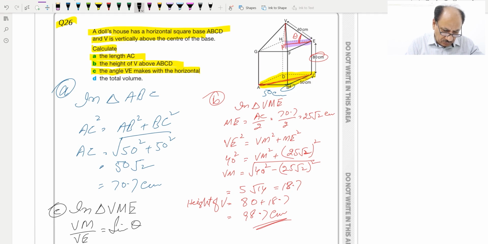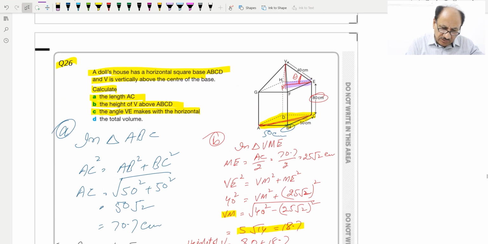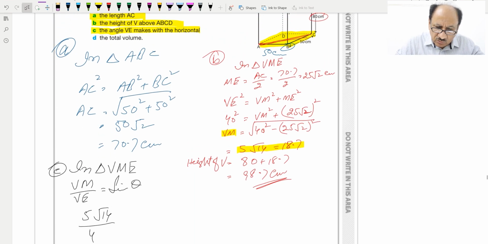VM is equal to 5 under root 14 or 18.7, so we will write 5 under root 14 over VE, and VE is already given, which is 40, is equal to sine of theta.